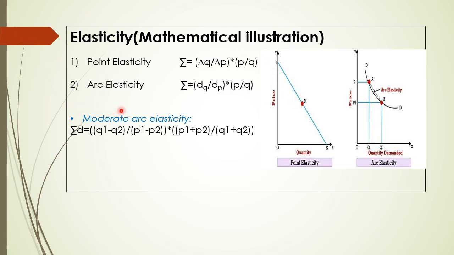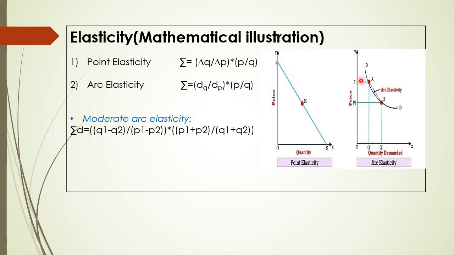Now let's have a look at arc elasticity. Unlike point elasticity, arc elasticity measures elasticity between 2 points on the curve, or over a range of prices and quantities. The formula is elasticity equals dq divided by dp times p divided by q.